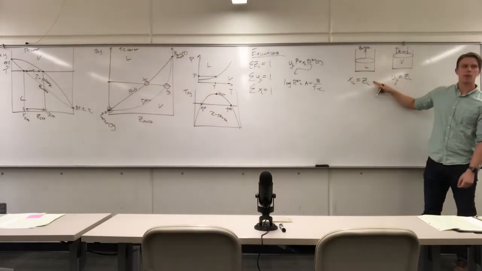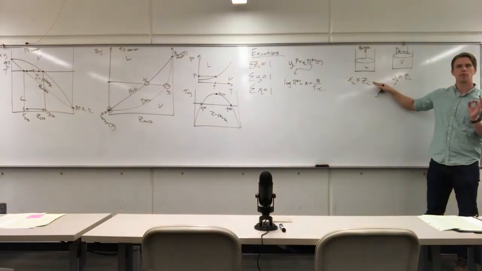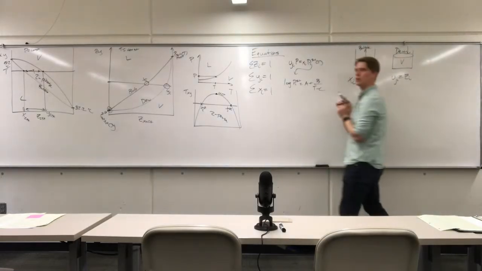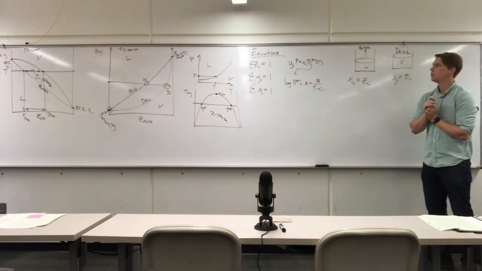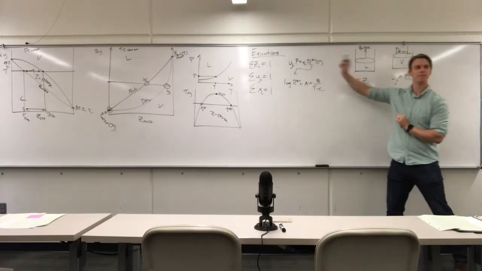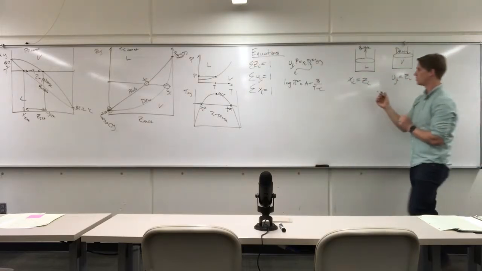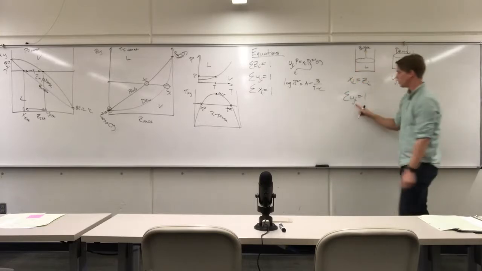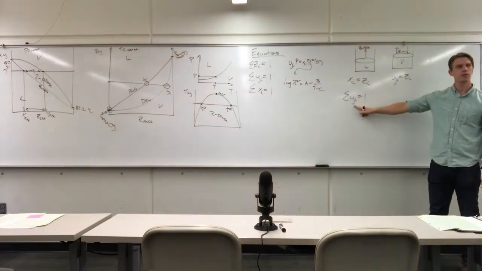Which equation for the bubble point do I know literally zero values of, of all of our vapor-liquid equilibrium equations? No, I know x. Okay, so you take the summation of y, you rearrange and solve for y, you're done.